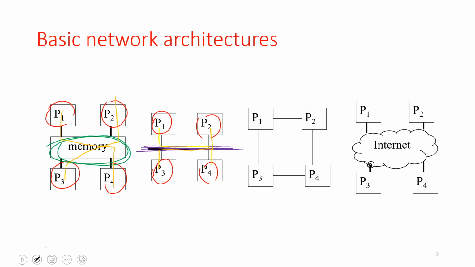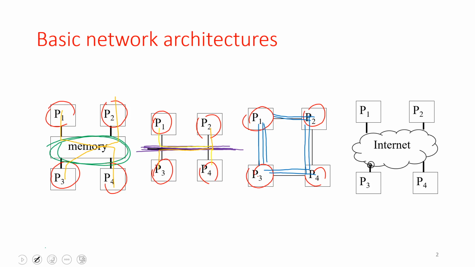Then we have approaches that may also be relevant in other types of communication environments. We have a number of components, and the connectivity is based on how these things are connected to one another, and they can communicate through those direct connections.